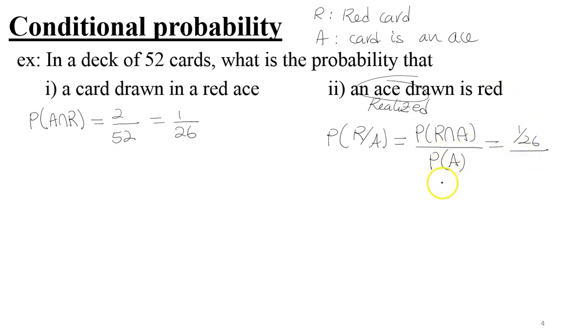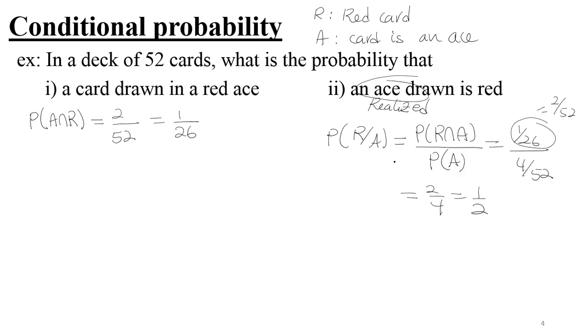And the probability of A, what's the probability of drawing an ace? It's in fact 4 out of 52. And we already know that this is the same as 2 out of 4, which is half.